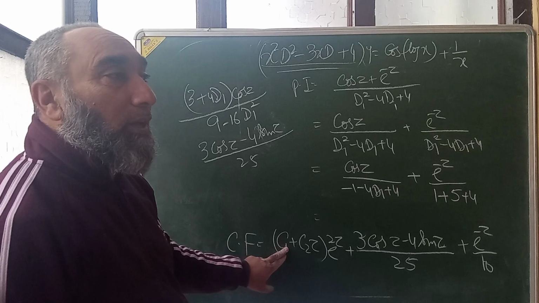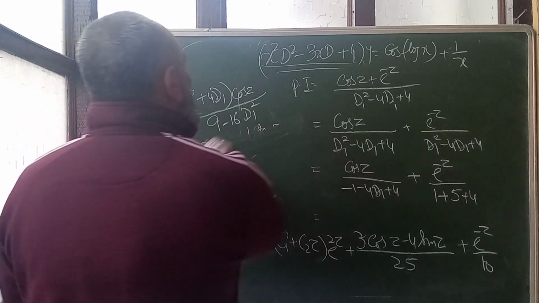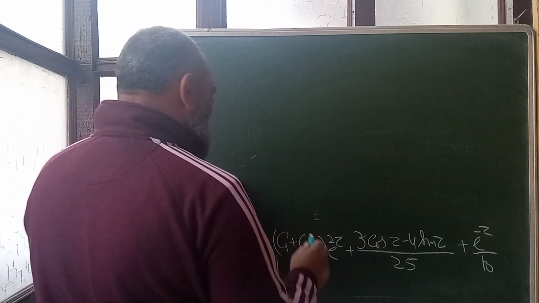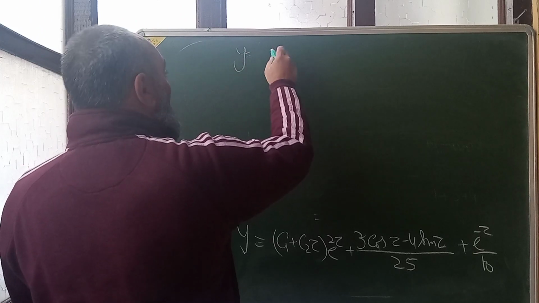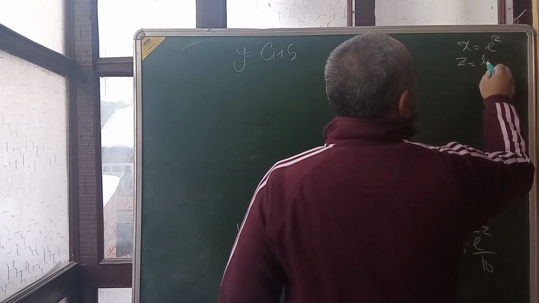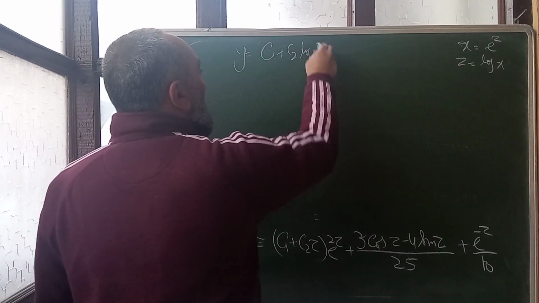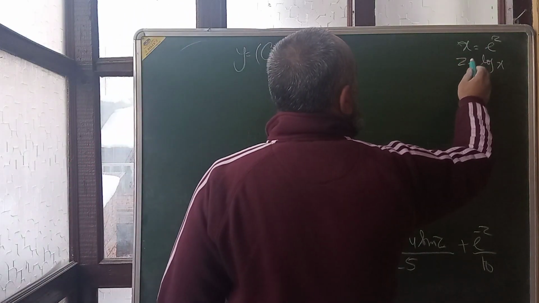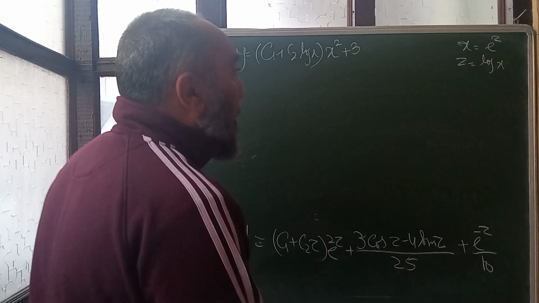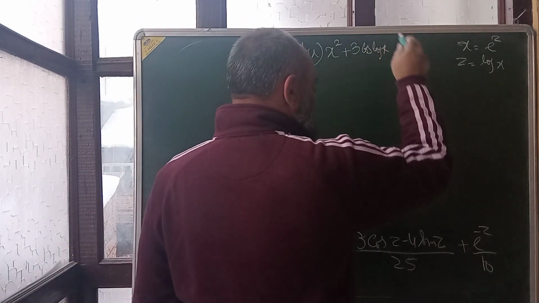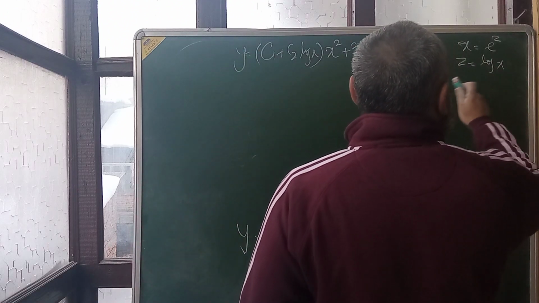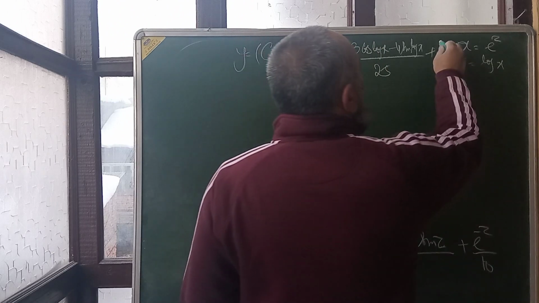But you know, your answer should be in terms of x. So you will replace z. So y is equal to (C1 plus C2 log x), since x is e to the power z and z is log x. e raised to the power 2z, 2z is log x, so it is x square, plus 3 cos of log x minus 4 sin log x divided by 25, plus e raised to the power minus z, which is 1 by x.